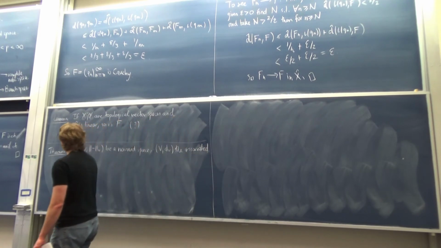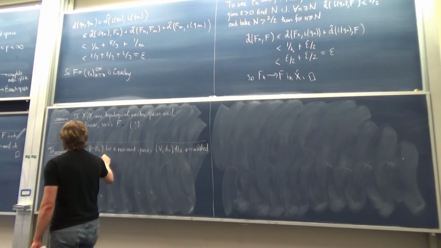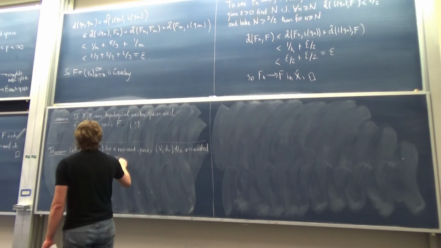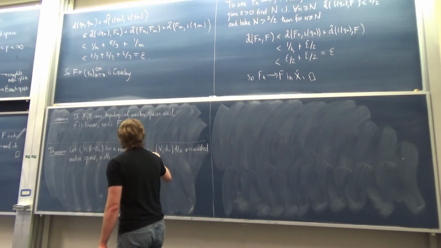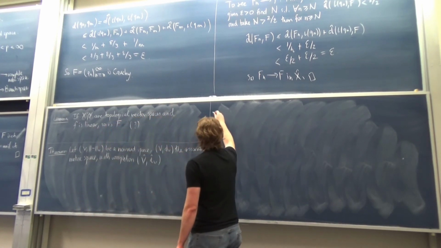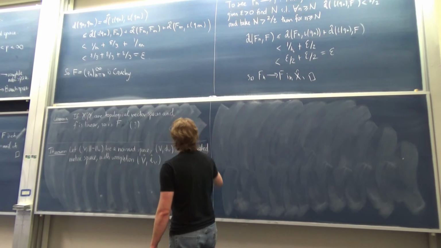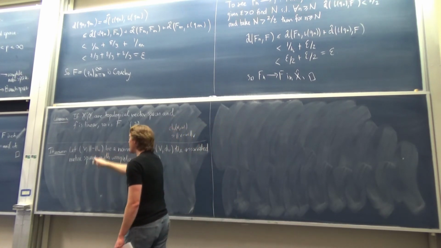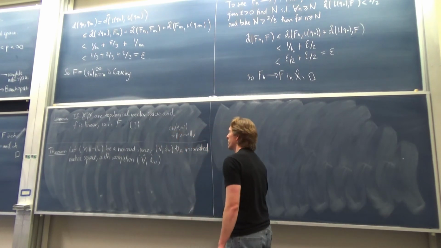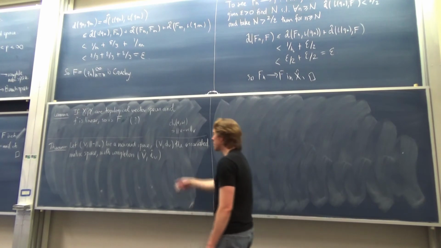So take the associated metric space, and then complete it. Remember, the associated metric space has the distance between vectors v and w equal to the norm of their difference. I'm putting a subscript on the norm because I want to write in a minute the norm on V hat. V hat will be the norm completion. So we extract the metric structure, we complete it, that's a metric space.